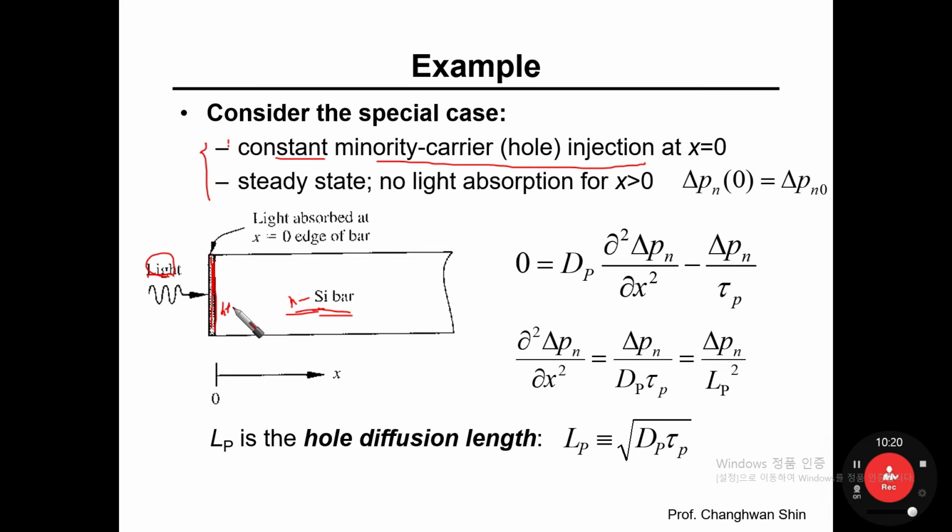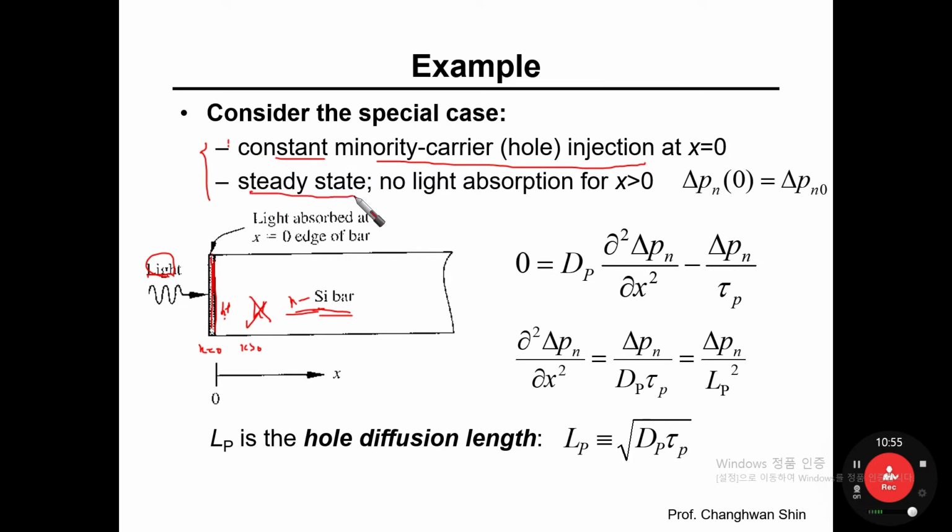But the constraint is that holes are constantly created at x of 0. In other words, at x greater than 0, holes are not created by light. Only holes created at x of 0 by light, and the total amount of holes created is constant. That is a special assumption for this example problem.